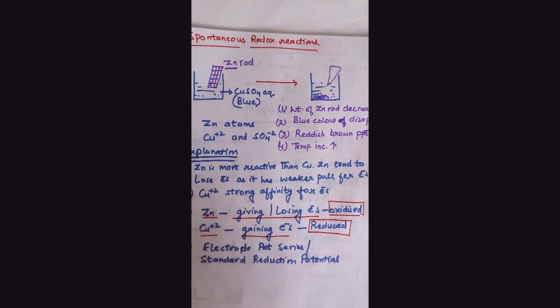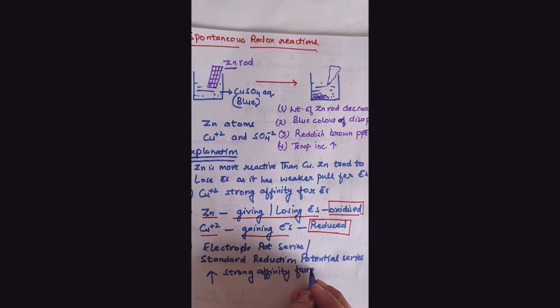Looking at this series we come to know which element will be oxidized and which will be reduced, because in this series the elements are arranged so that the element having strong affinity for electrons is placed above.